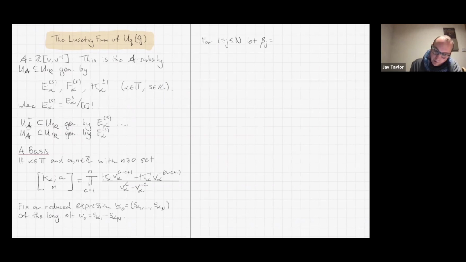Remember, we can reconstruct all positive roots from the longest element, from this reduced expression.